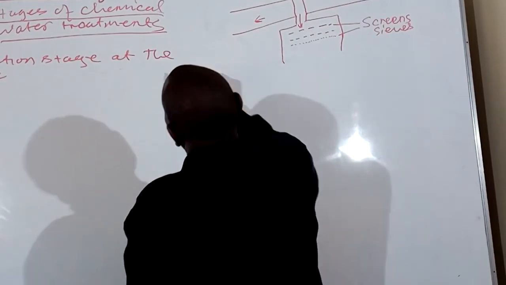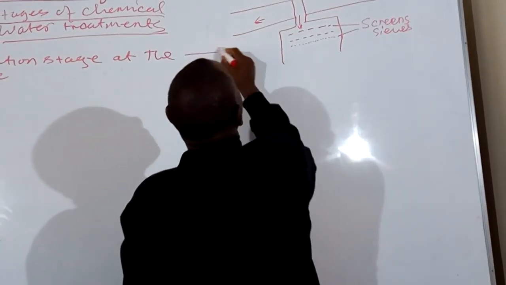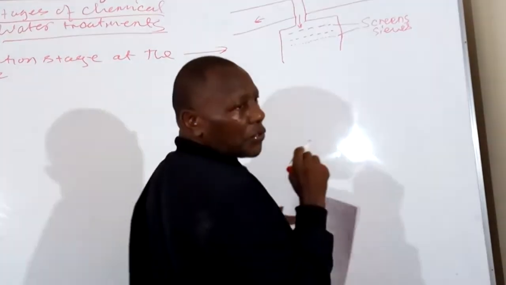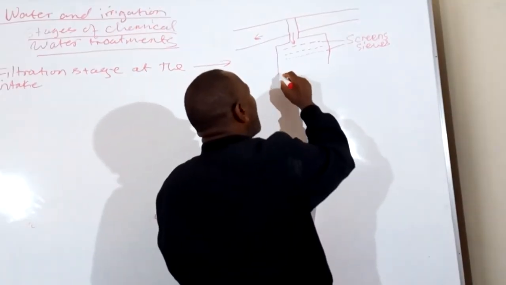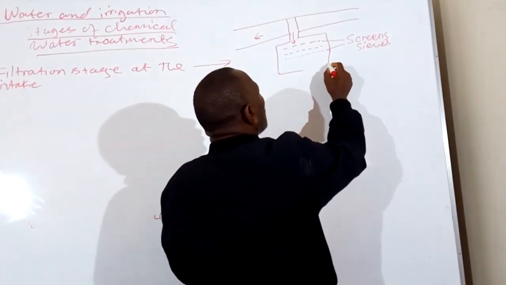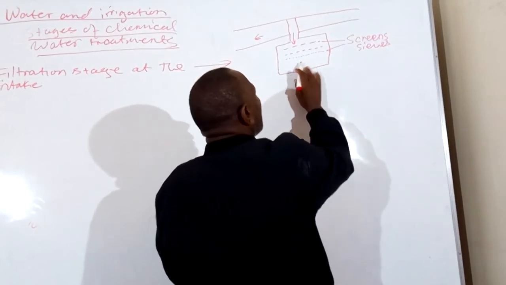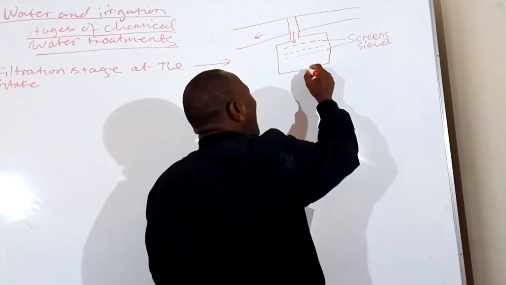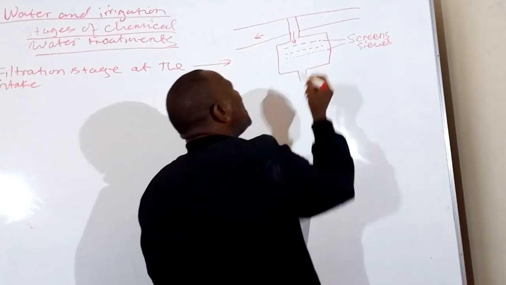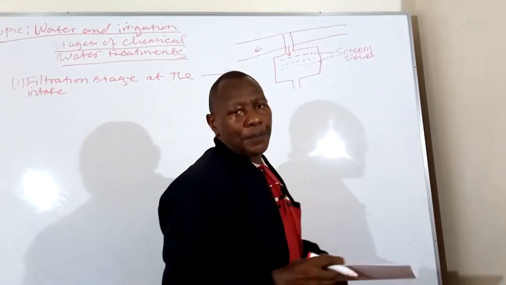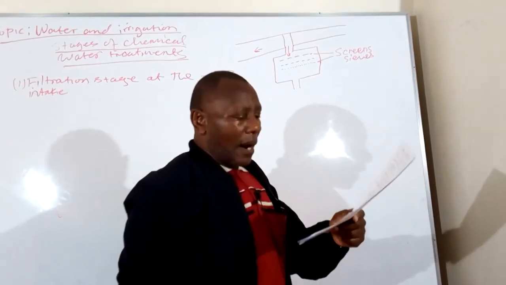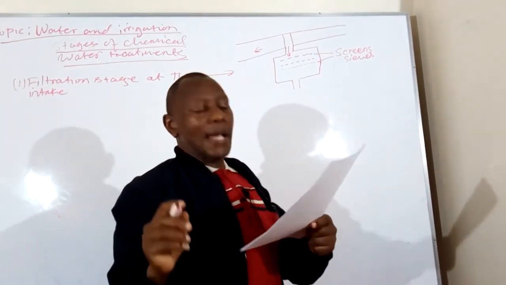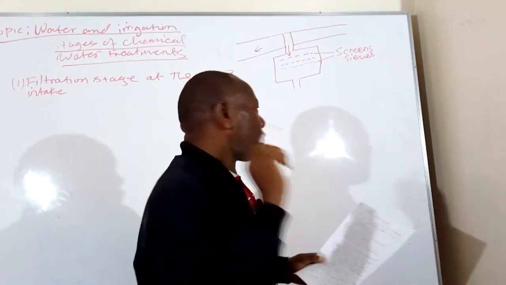This is the stage we are calling the filtration stage, because that water is filtered. From this tank, some of the big particles are removed, and the water is directed into another tank, which is usually in the second stage.